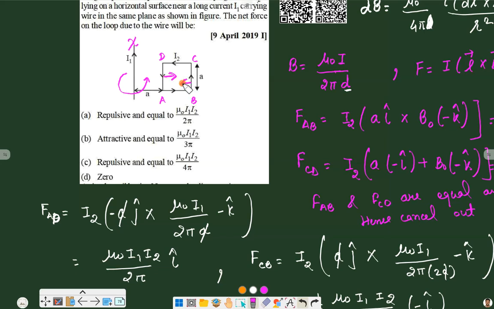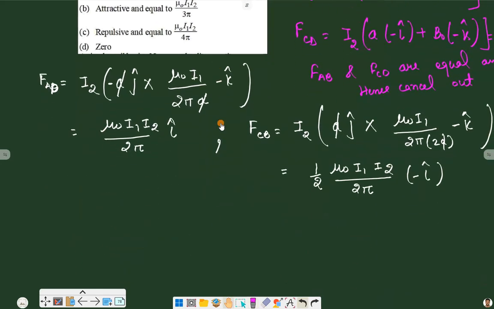So net force on the loop will be vector sum of these, and as these both are in opposite direction, they will be subtracted from each other.